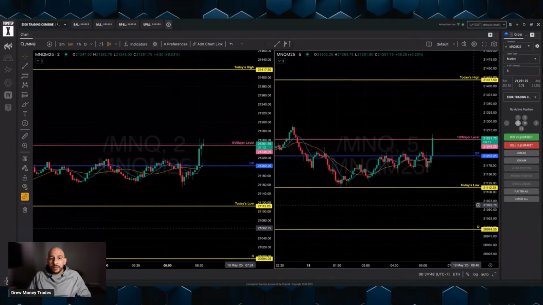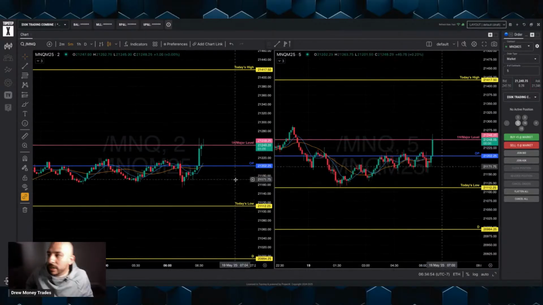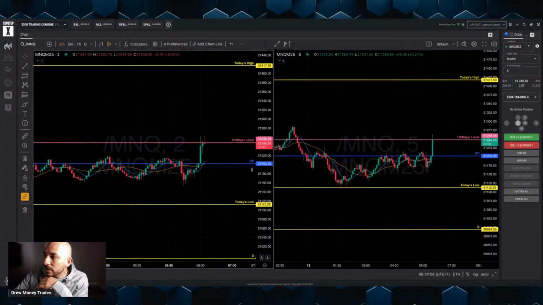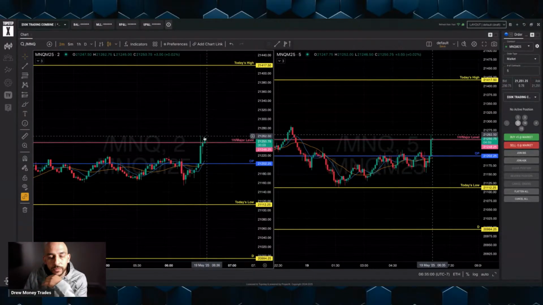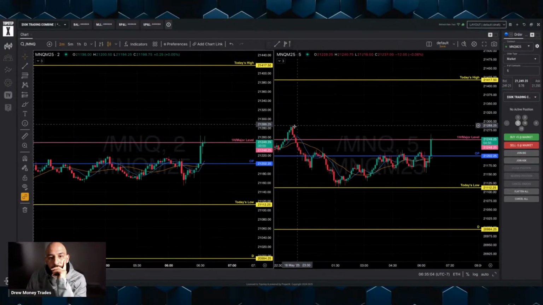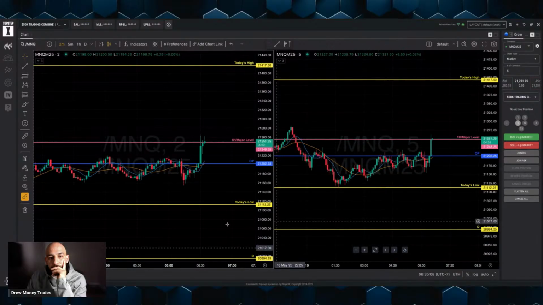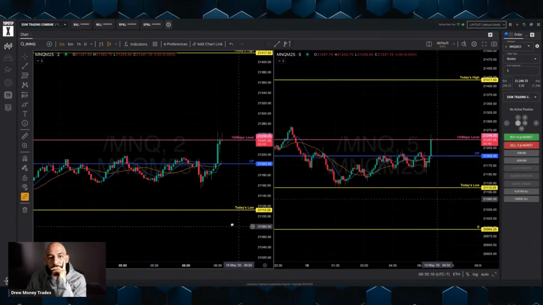So as of right now, we need to get this level right here. If it keeps rejecting, I'm going to go short and put my stop above. I would like it above here, 87, but we'll see.